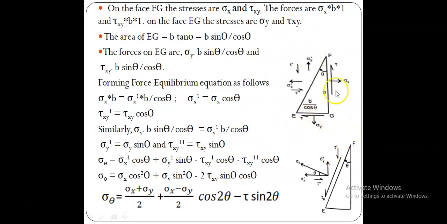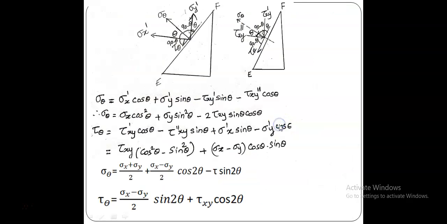We have determined all these four stresses. Next, simply we are going to resolve. How will it be resolved? Let us see in the next slide.